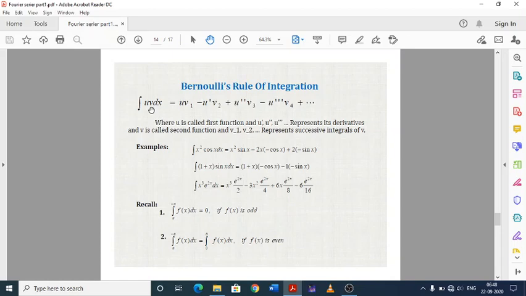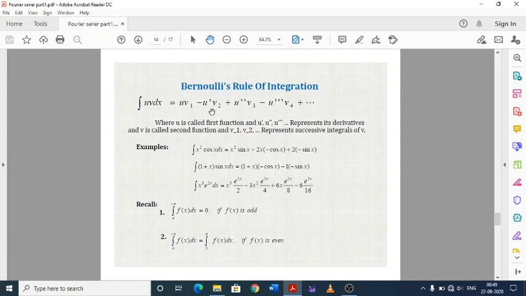So the integral of the product uv will be the first function into the integral of the second function, minus the derivative of the first function into the second integral of the second function, plus the second derivative of the first function into the third integral of the second function, minus the third derivative of the first function into the fourth integral of the second function, and so on.